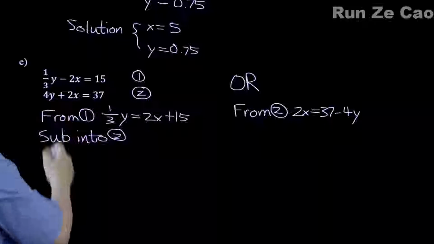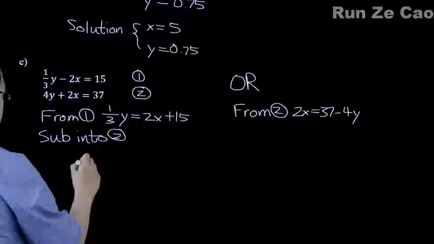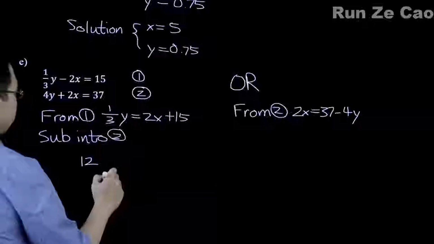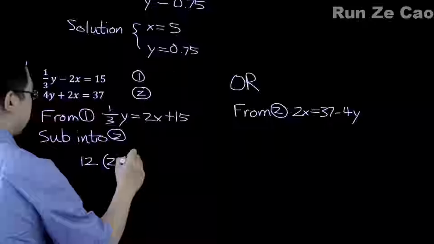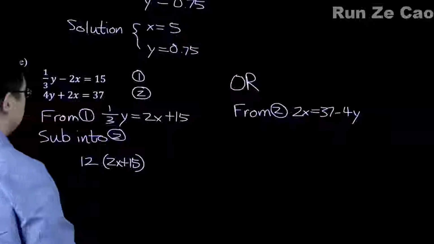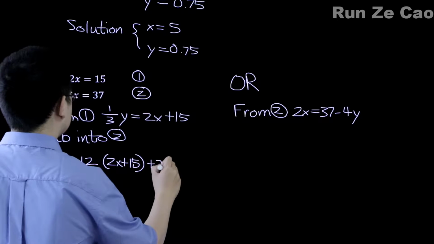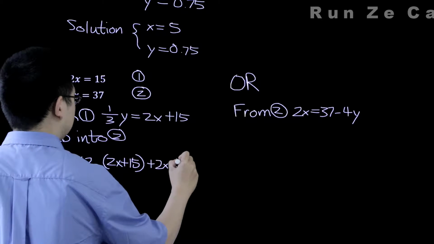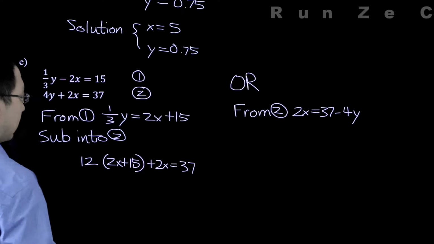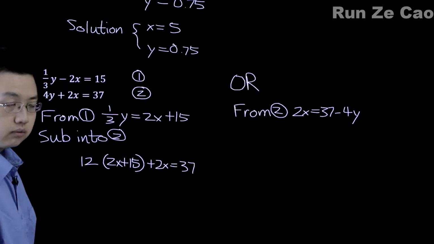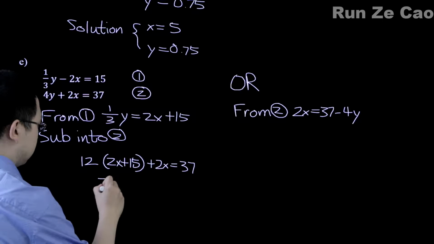So how many 1/3 are in 4? We would get 12 times 2x plus 15 and plus 2x equals 37. 12 times 2x is 24x plus 2x, 26x.